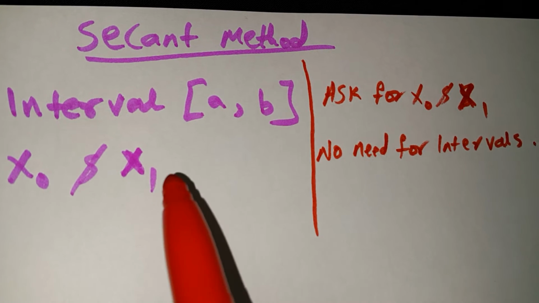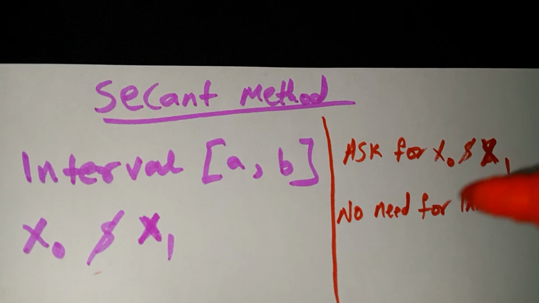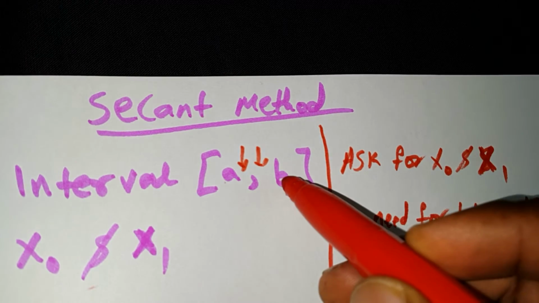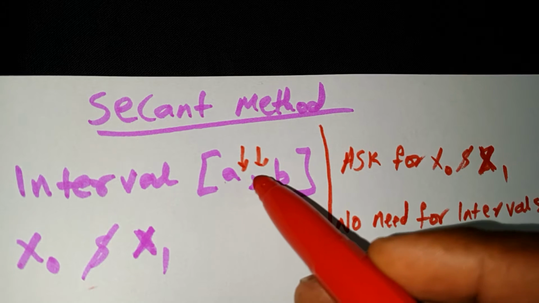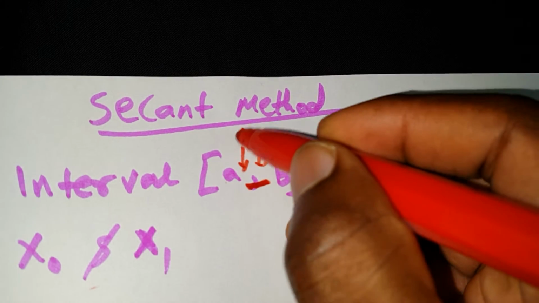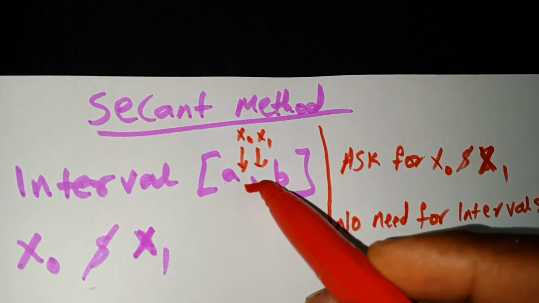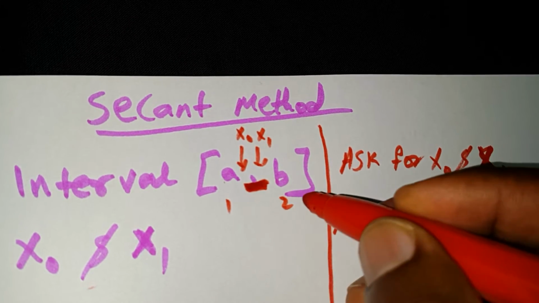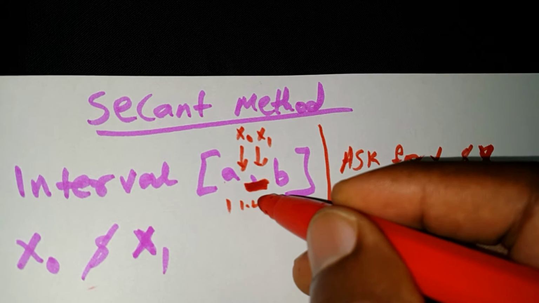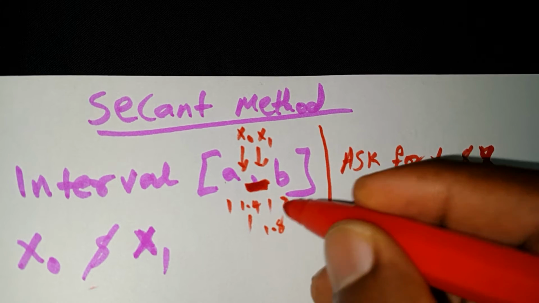Did you understand? If the interval is given to you, they will ask you for x0 and x1, which we know are found in between A and B, not A, not B, but inside A and B. If this is 1 and this is 2, that means your x0 will be 1.4 and your x1 will be 1.8.